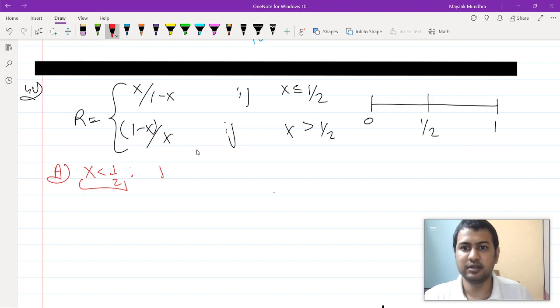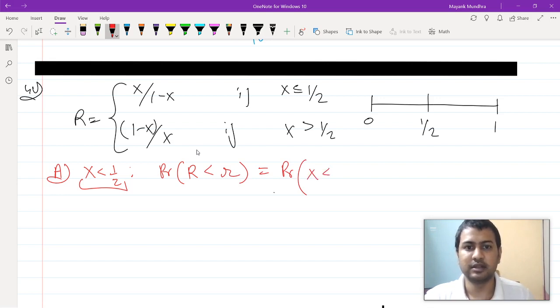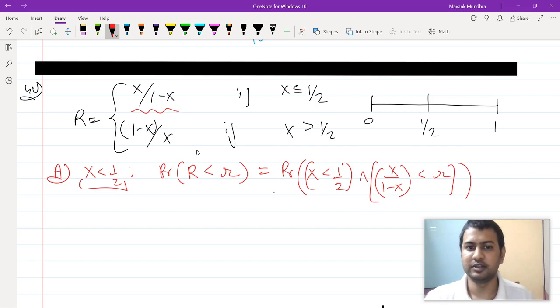In this case, the probability that r is less than some value r is basically the probability that x is less than half, and r, which becomes x upon 1 minus x, should be less than some value small r. Both these things should be true simultaneously.